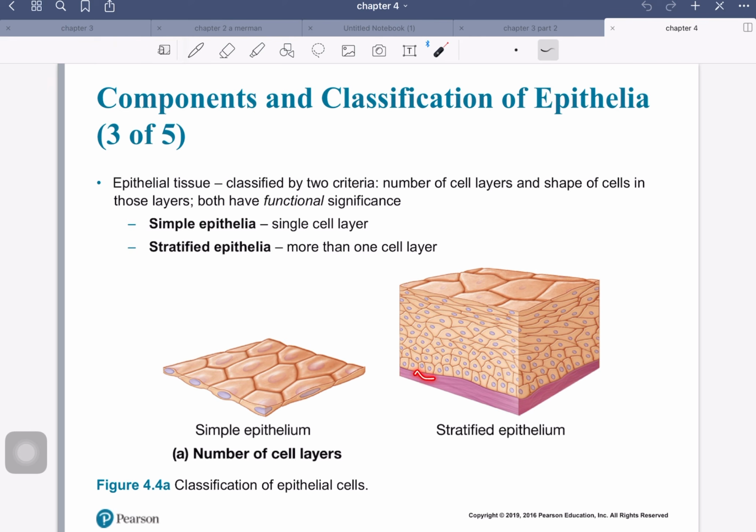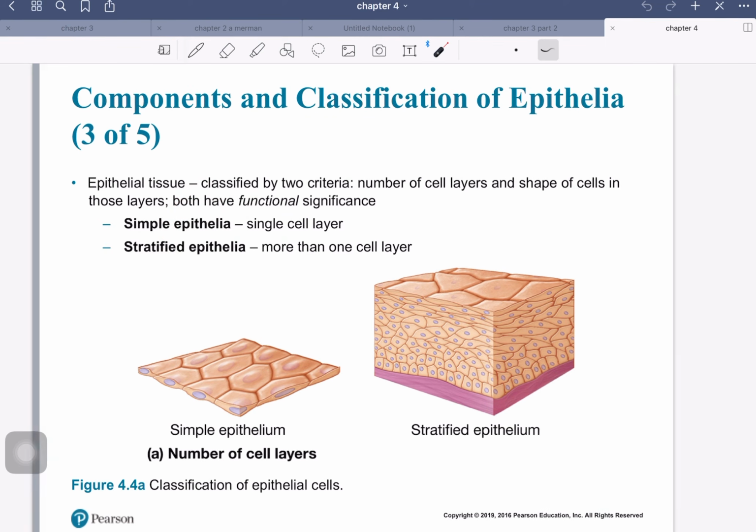In other epithelia, we actually have multiple cell layers. You can see all the individual cell layers. If it's only one cell layer thick, I'm going to call it simple epithelia. If it's more than one, I'm going to call it stratified. We're going to see this name show up in any description of epithelia. It's either going to be simple or stratified.